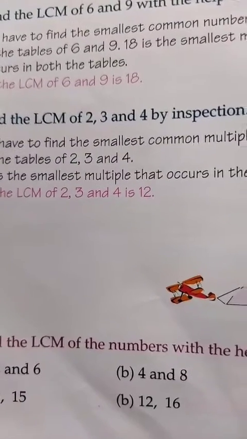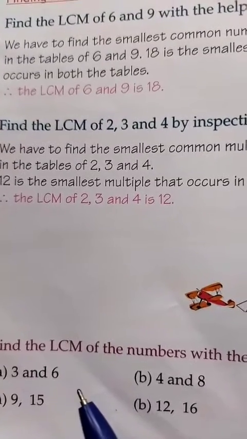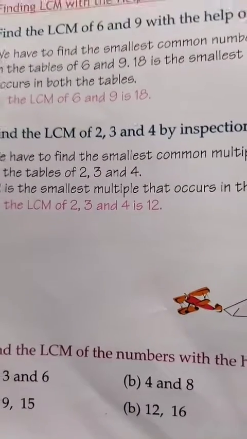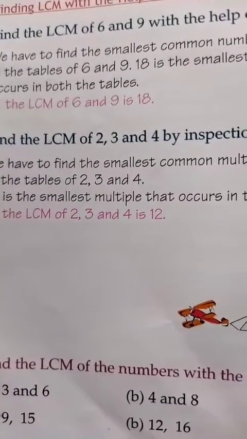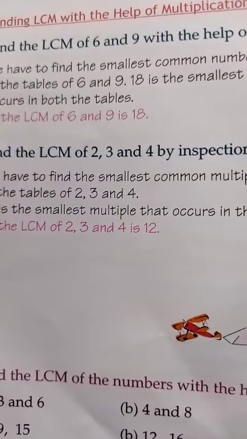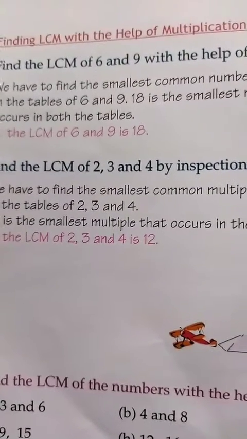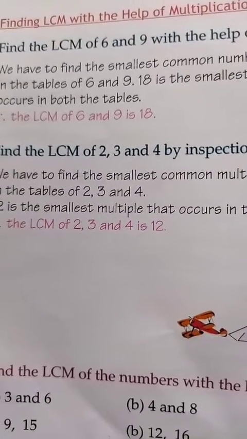That you have to find out and that will be your answer. So for 3 and 6 the least common multiple is 6. 6 comes in the table of 3 as well as in the table of 6, and it is also the least common number. So that will be your answer.